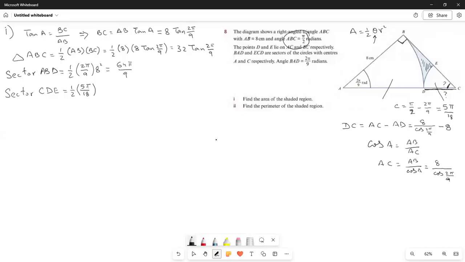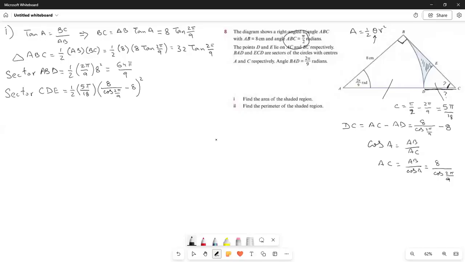Okay, so I will do DC squared, meaning r squared. So here I will have 8 over cosine of 2 pi by 9 minus 8, and its square. Okay, so this is the area of the sector.